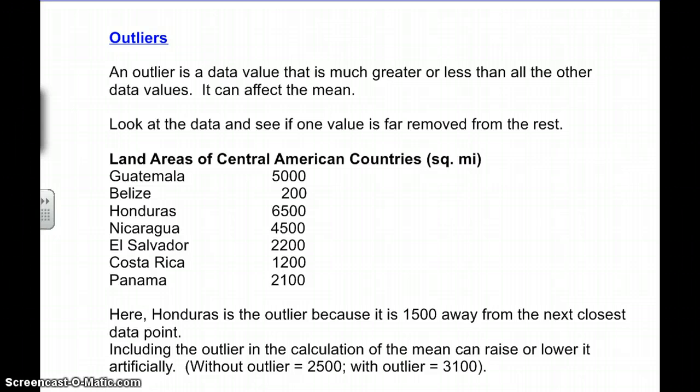And that gives us an unrealistic expectation of what the average square mileage of a country is. It actually inflates what you think it should be. So you have to watch out for outliers when you're using mean as central tendency. You're going to see in a minute, if you have outliers, mean may not be the best indicator of central tendency to use.